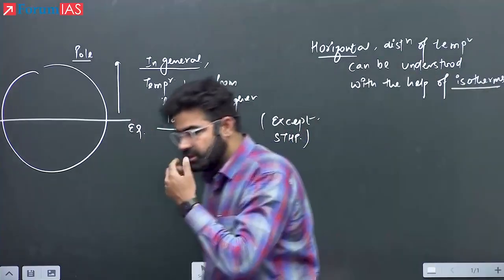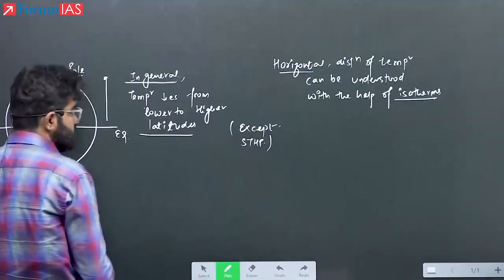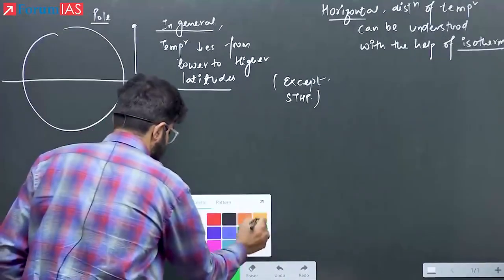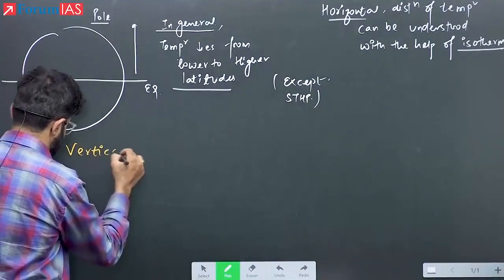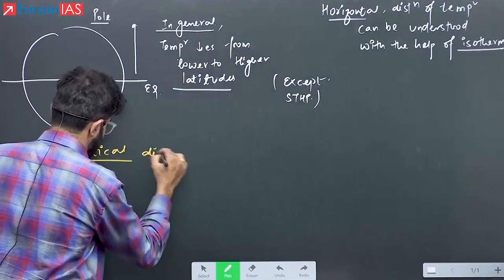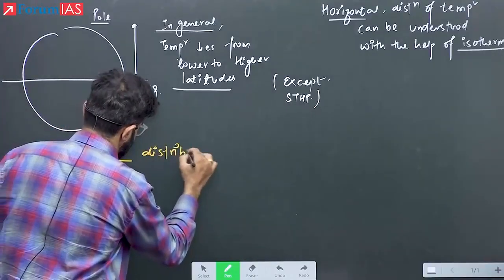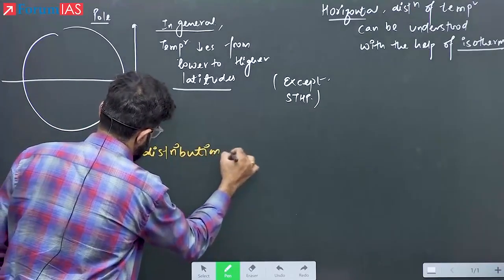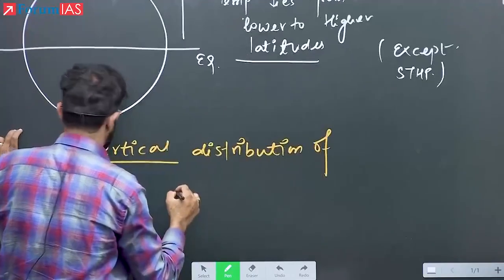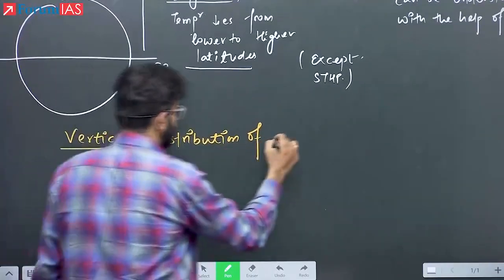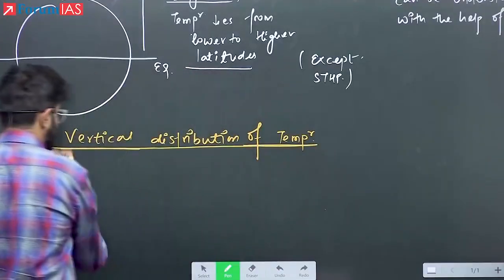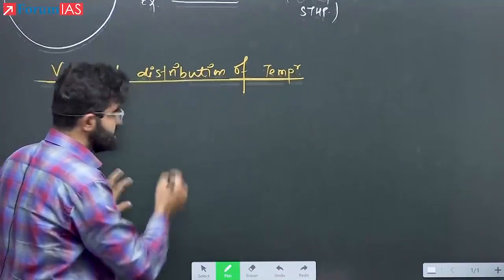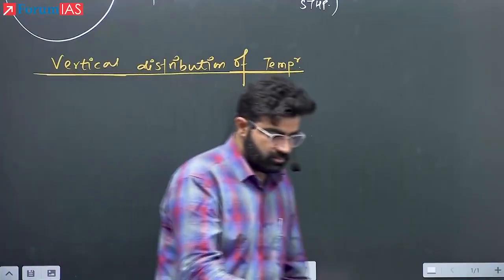So this is in general the trend in horizontal distribution of temperature. The important one is this one. Vertical distribution of temperature. This is important for you.